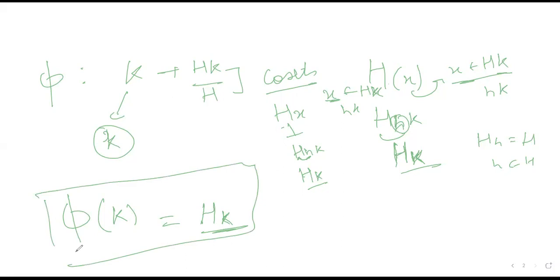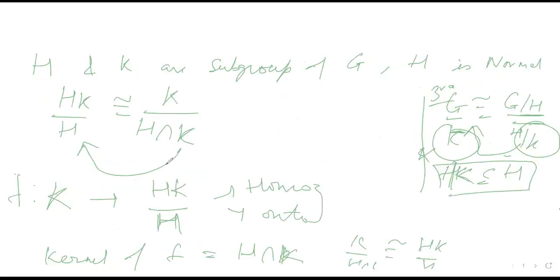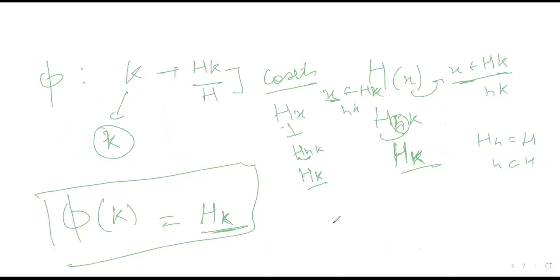That's why I said that the relation will always be backward, without the denominator, from K to HK by H. And once you know this relation, you just have to write the element of this equal to the element of that. Nothing to think about. This looks very dirty now, but once you understand why I'm taking HK, because HK will finally give you HK only.